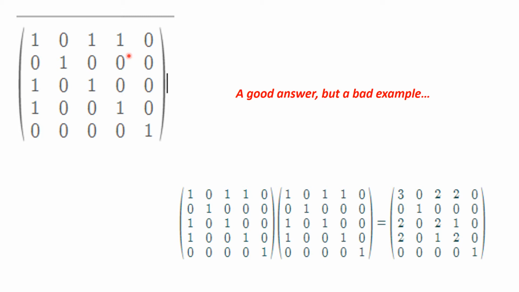But when I multiplied these elements by themselves, you see that I start getting non-zero elements down here, so this is not transitive. So my answer that I said at the beginning was a good answer and corrects the complicated things that I said before, but this is a bad example because this is not an equivalence relationship, because it's not transitive, as seen down here.